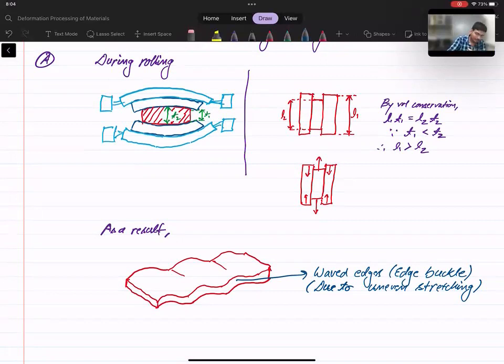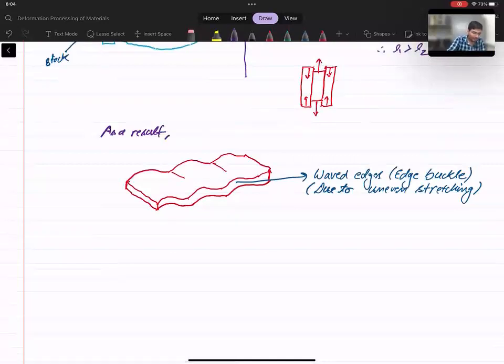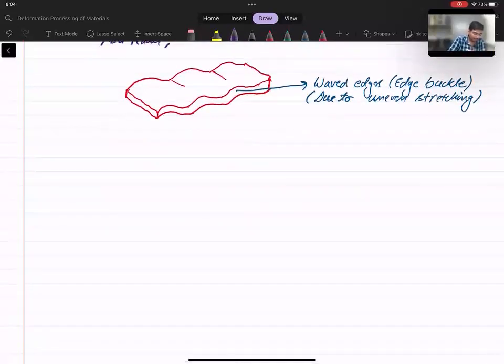Let me indicate here also that this was my work roll, and this was the stock or workpiece stock. So to prevent it, what can be done is we can use guide rolls.